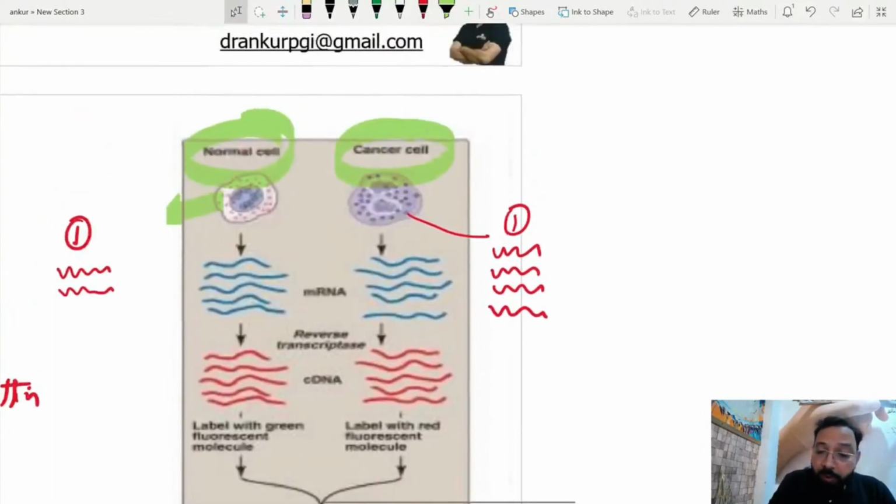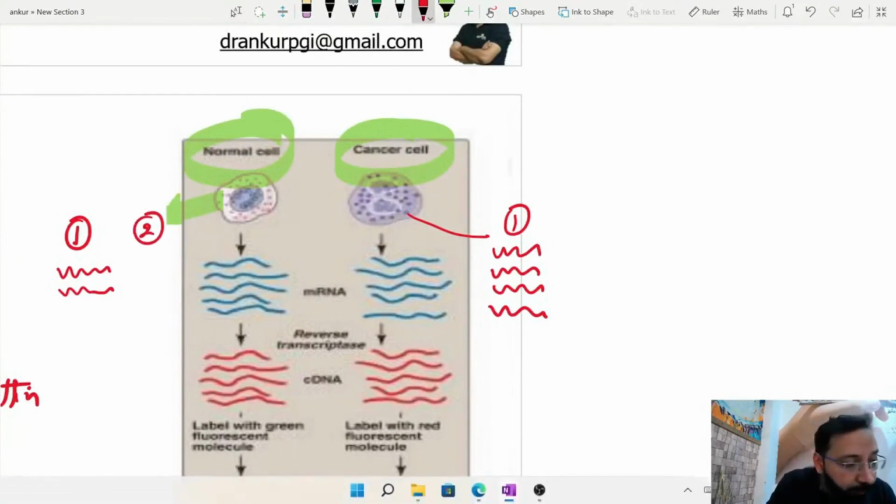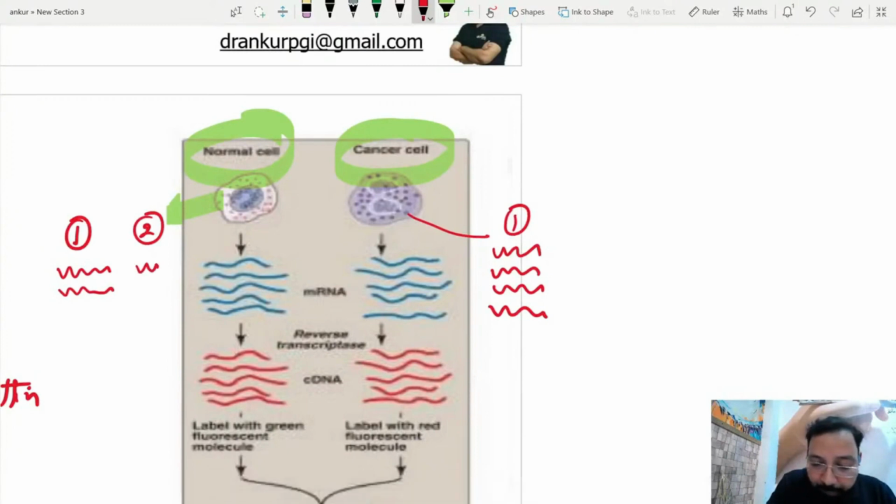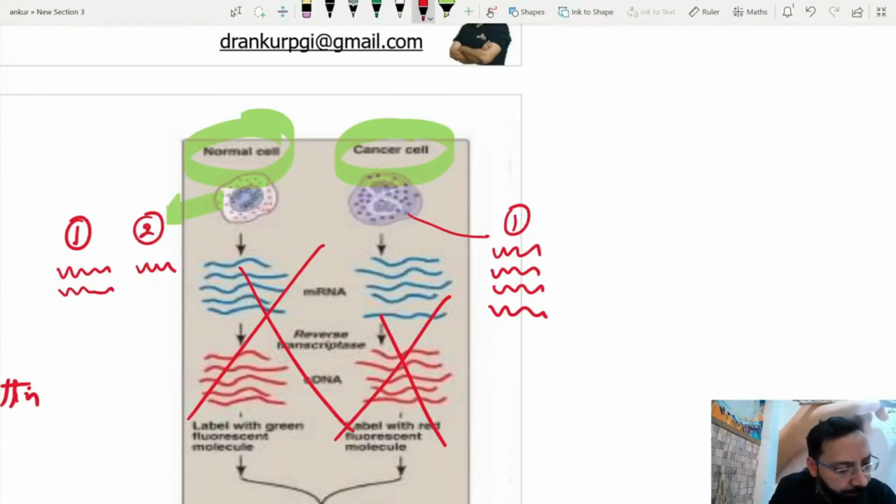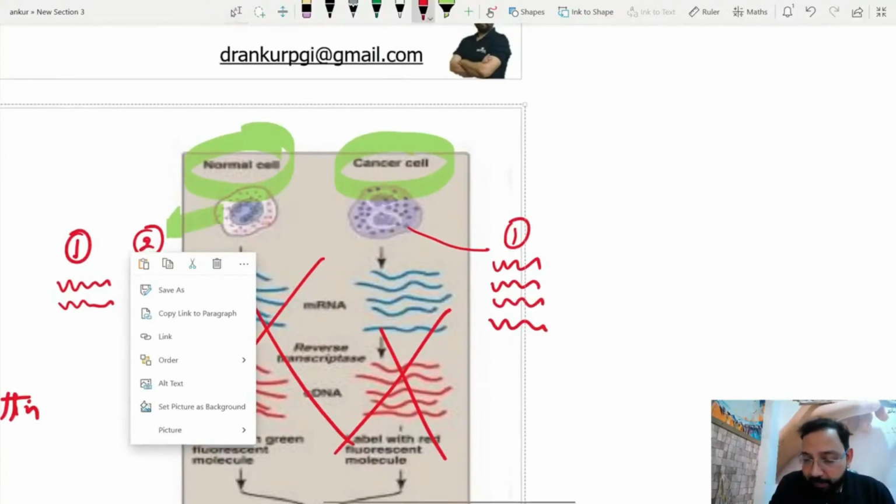In the normal cell, gene number 2 produces only one messenger RNA.